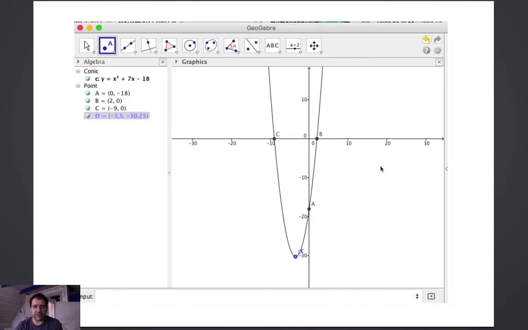It told us these 2 points where it cut the horizontal axis. It told us the point where it cut the vertical axis, and it told us the vertex where it bottoms out.